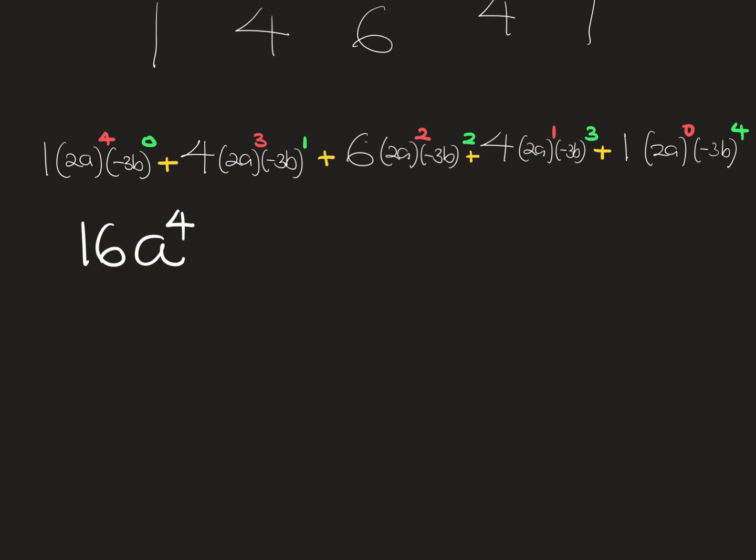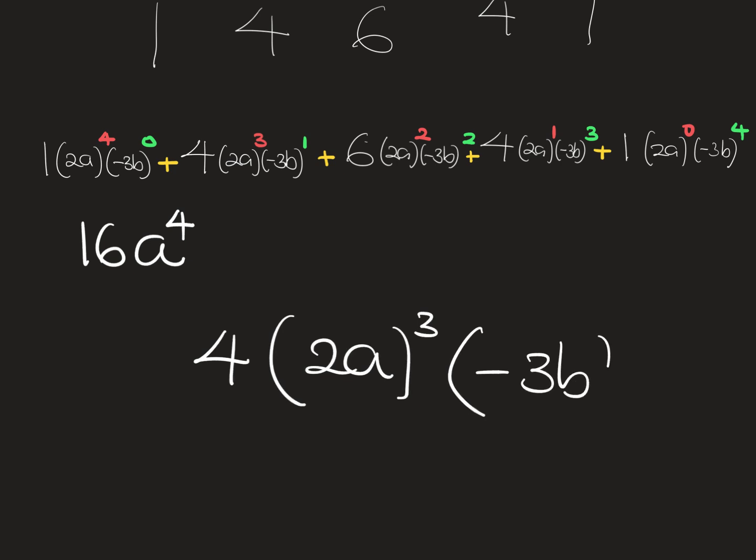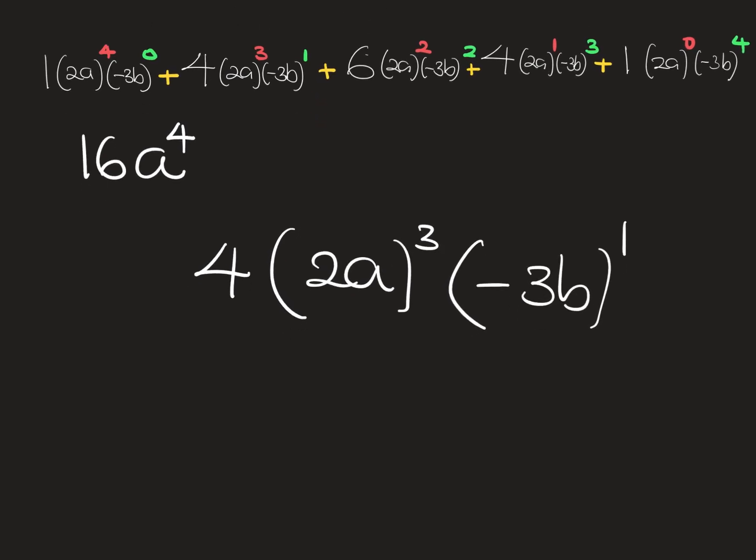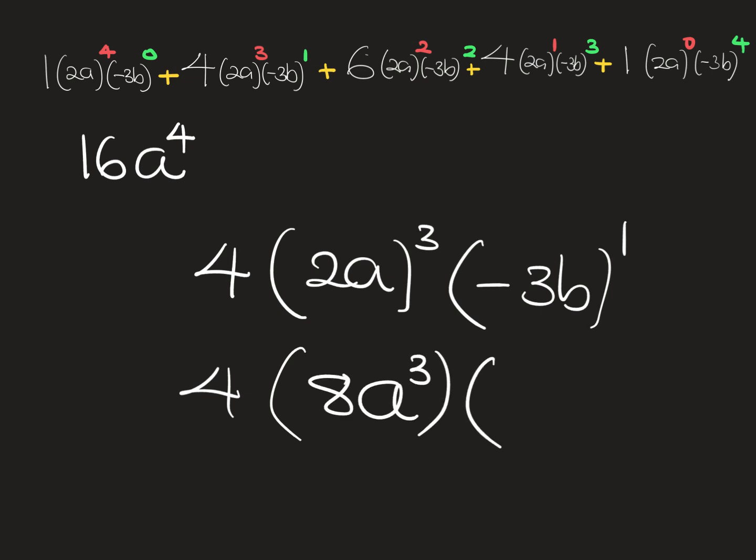So for this expression here, 4 into 2a to the power 3 into minus 3b to the power 1, that is 4 into 2 to the power 3, which is 8, a to the power 3, then anything to the power 1 is the same as that thing, so minus 3b to the power 1 is just minus 3b.